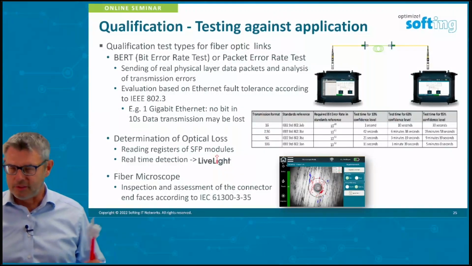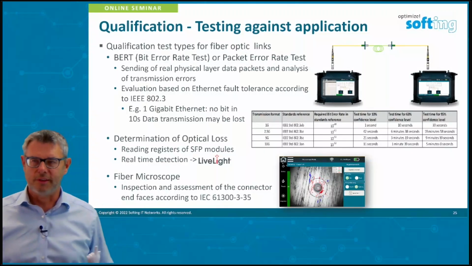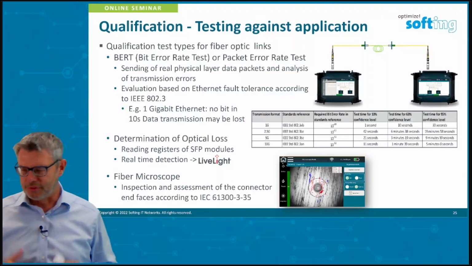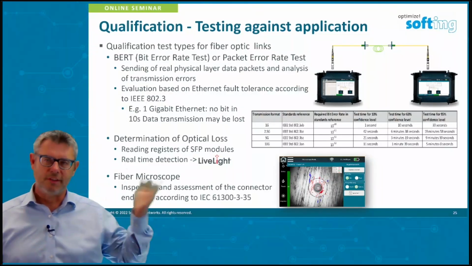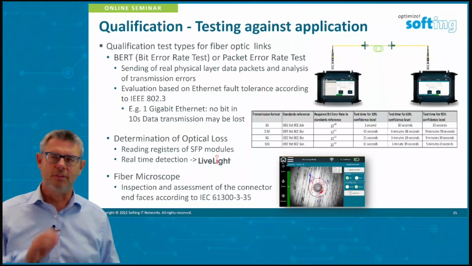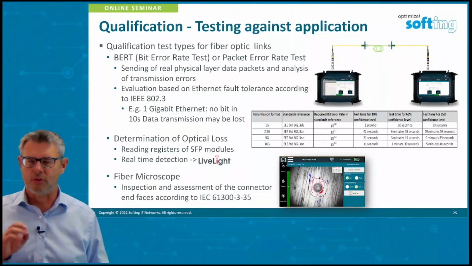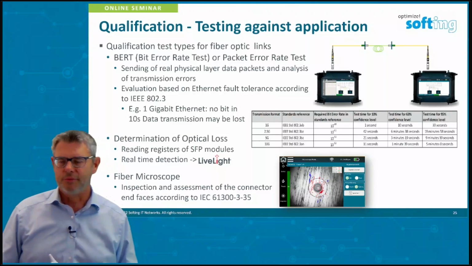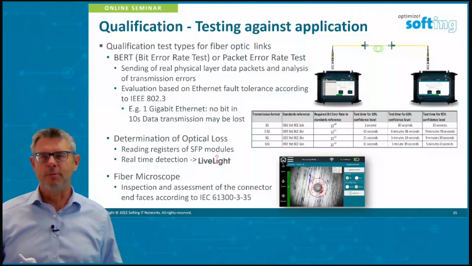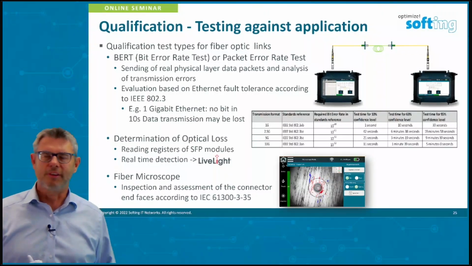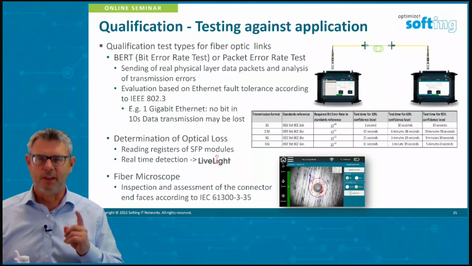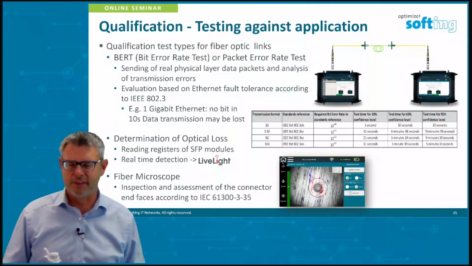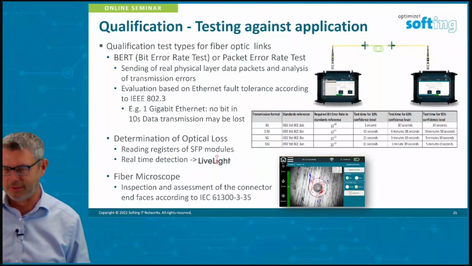So same as in copper, we have a certain tolerable number of failures we allow over a certain time. If we test, for example, for 10 seconds on 1 gigabit Ethernet, it's not allowed to lose one data package, one individual bit. And if we manage not to lose data between these fiber optic cable from beginning to the end, so we can give the statement, this cable is capable to do 1 gigabit Ethernet, or this cable is capable to do 10 gigabit Ethernet.